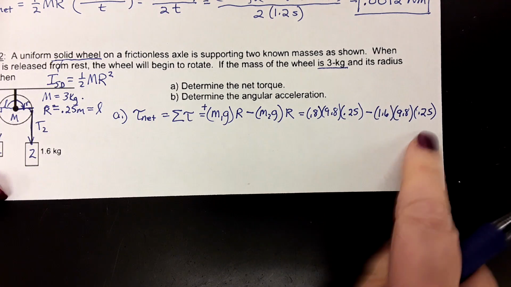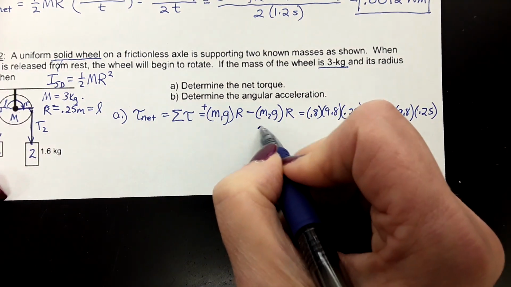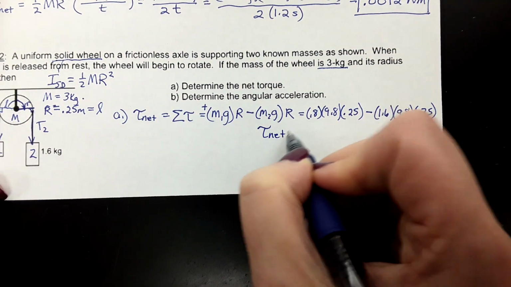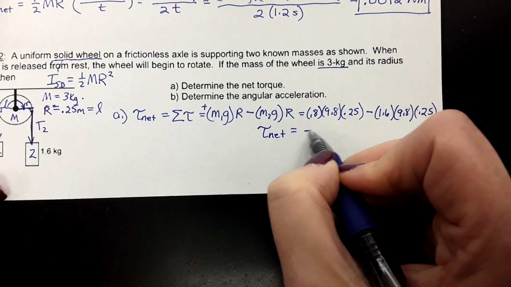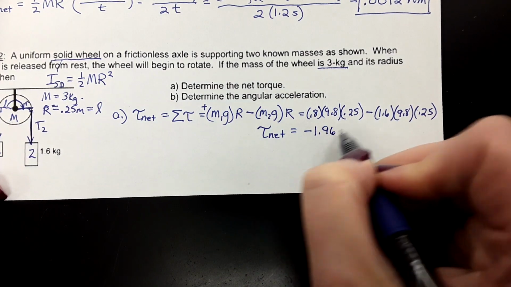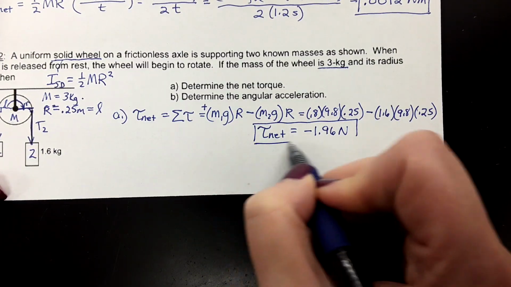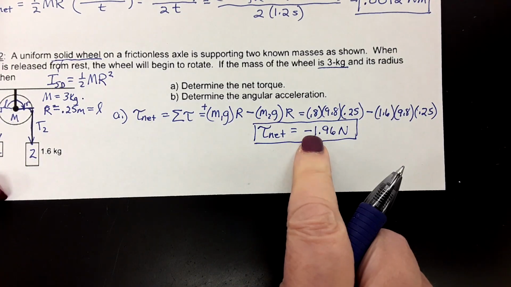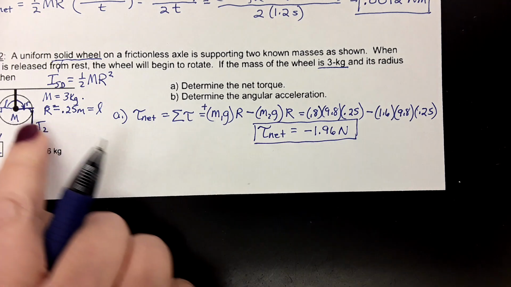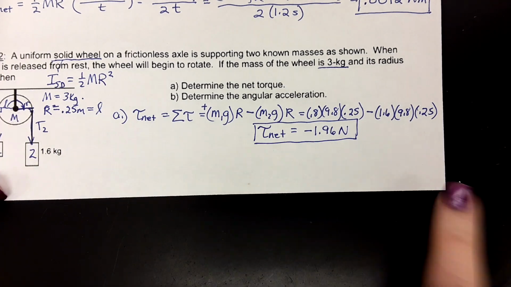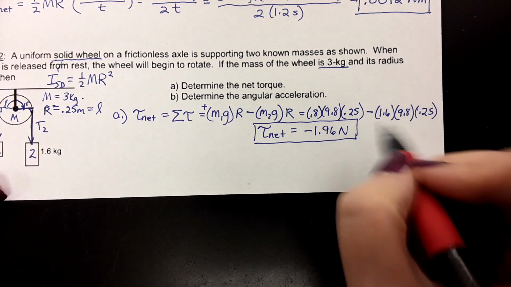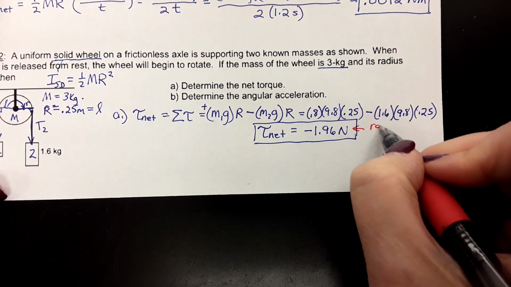Now if you stick that into your calculator, you should find that the net torque has a value of negative 1.96 newton meters. And because the sign on the torque is negative, yes, it will rotate clockwise. So the negative means it will rotate clockwise.